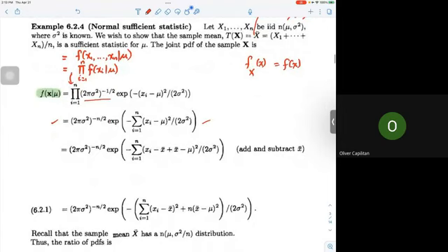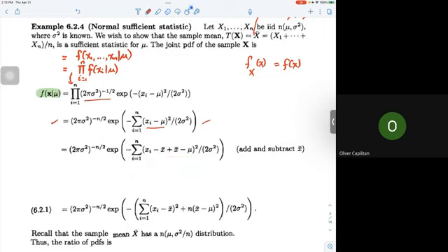Okay? And then we can simply add and subtract the observed sample mean on this given expression. So this is our result now. We add and subtract. Okay?